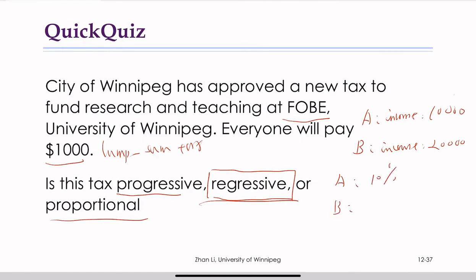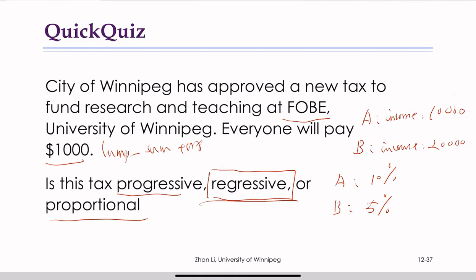For B, it's 5%. So in this case, you can see that B has a larger income than A, but B's average tax rate is actually lower, right? So this is precisely the definition of a regressive tax system. So basically, you can get a general result here. That is, a lump sum tax is regressive.